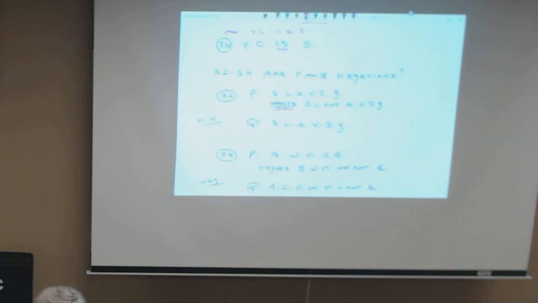Sally is not a very tall girl. That's the negation. Now, what does 32 say for the second statement? Sally is a very short girl. So, is Q a negation of P? No. Everybody follow that? Q does not negate P.